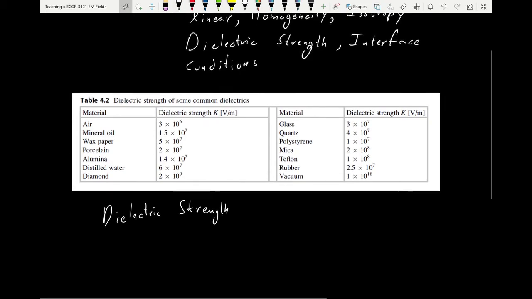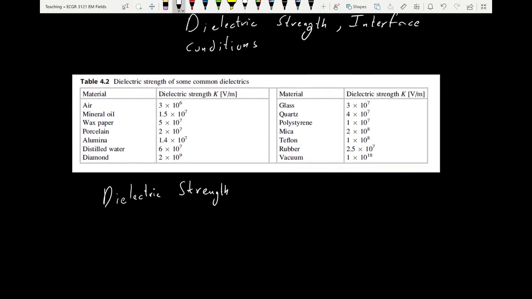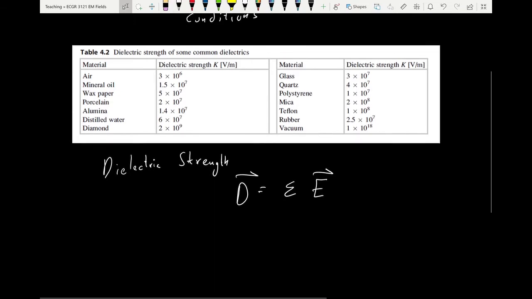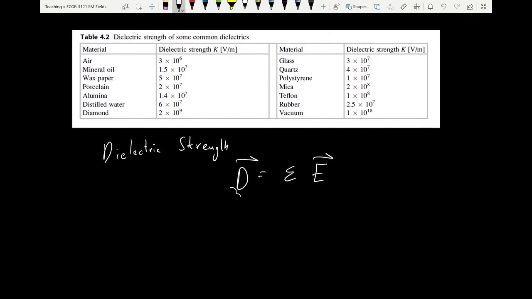So we said, the basic result that we got is that the flux density for any material is going to be related to the electric field intensity by the permittivity, right? And D is a measure of the polarization. D can be written as the polarization of the underlying free space plus the polarization due to the material.